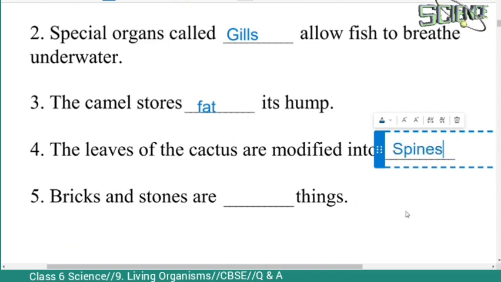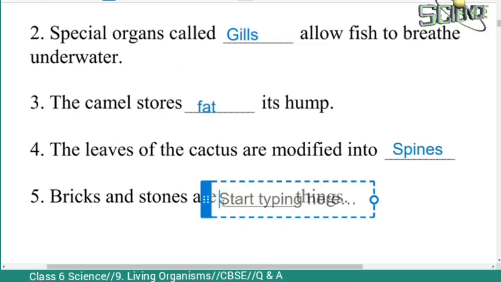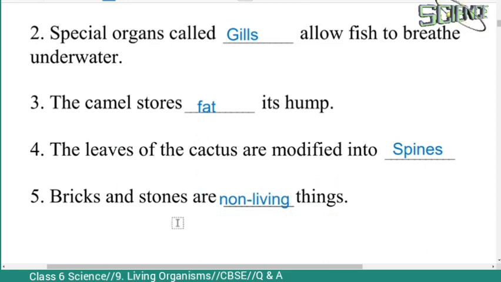Fifth one, bricks and stones are dash things. Bricks and stones are non-living things.